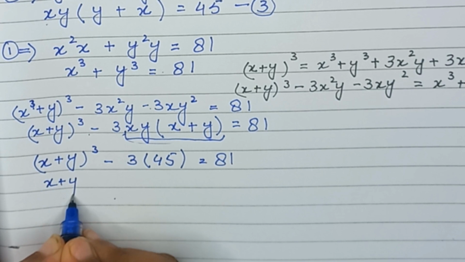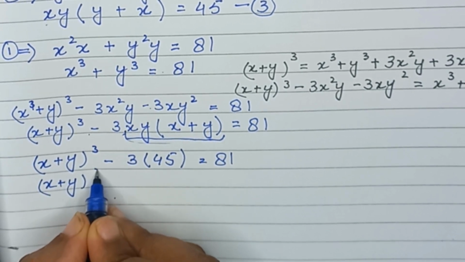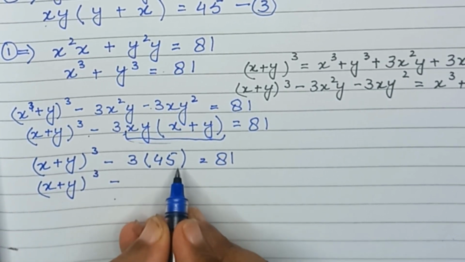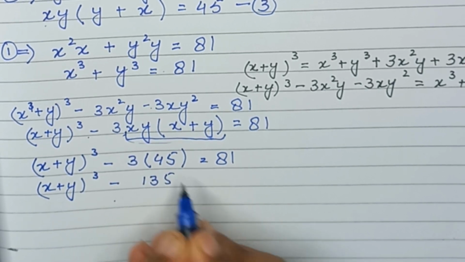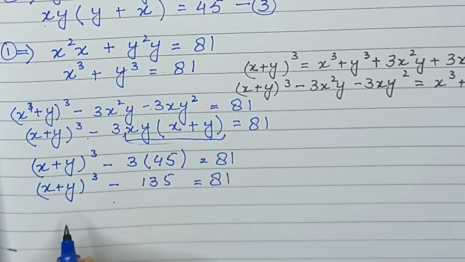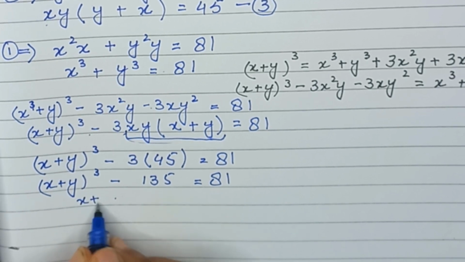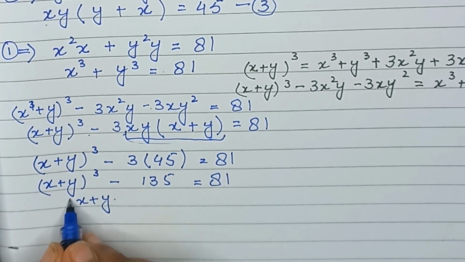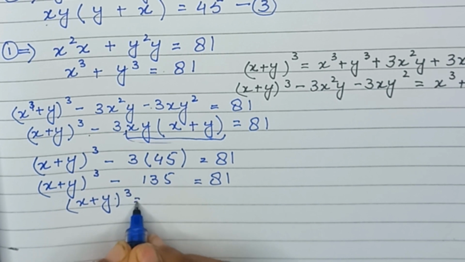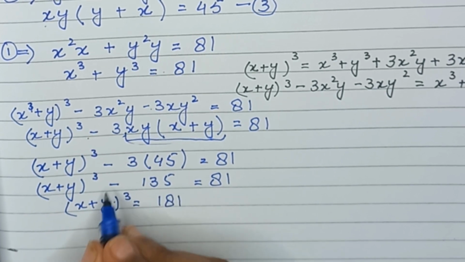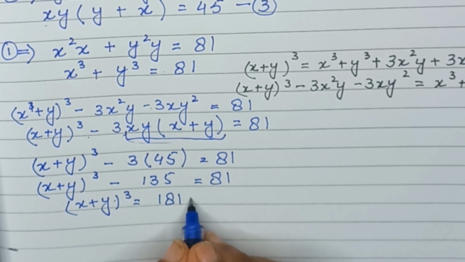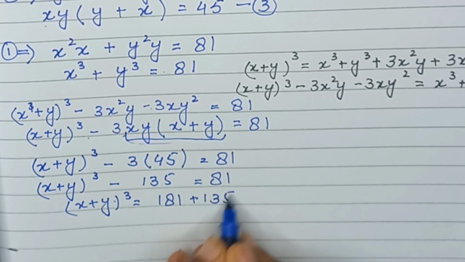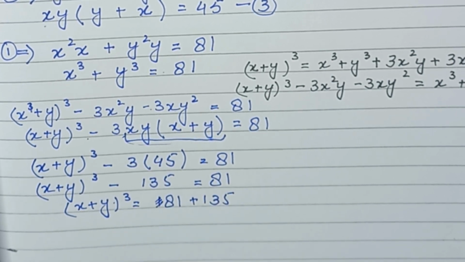So x plus y whole cube is equal to 45 into 3 is 135, which is equal to 81. So from here x plus y whole cube is equal to 81, negative 135 will become positive 135. Sorry, it is 81.